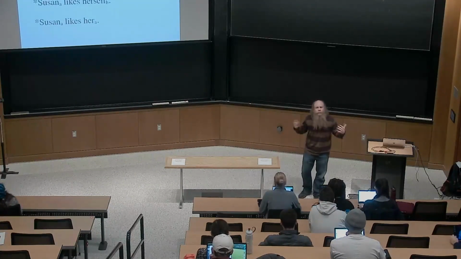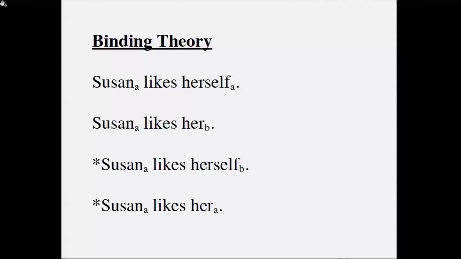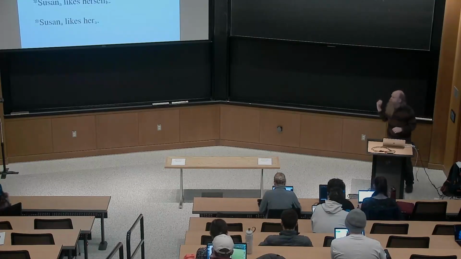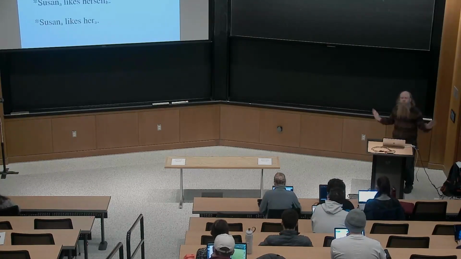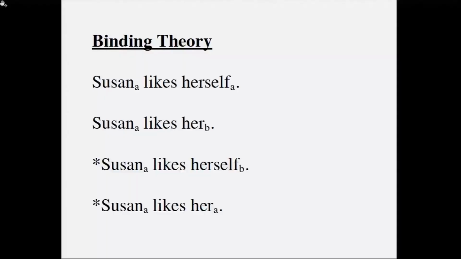We indicate that by giving them the same subscript. Susan sub A likes herself sub A is okay, but Susan sub A likes herself sub B is not okay. The two subscripts have to be the same. And with a pronoun, it's the other way around. They have to be different. Okay so far? Nobody is sitting there thinking, no wait, I say Susan likes her, and I mean Susan likes herself all the time? No wonder nobody ever understands me. Nobody's having that experience. Okay, good.